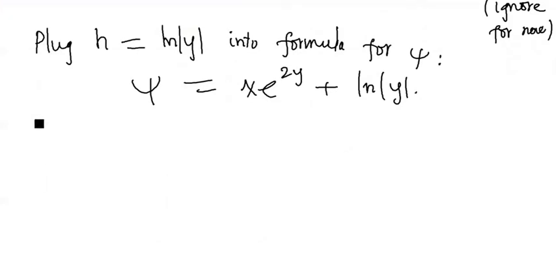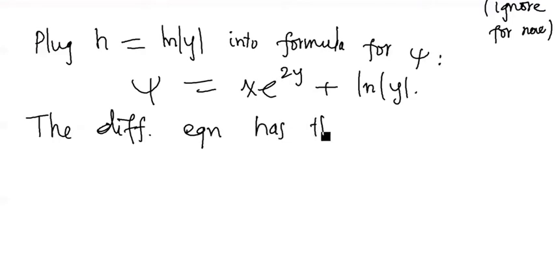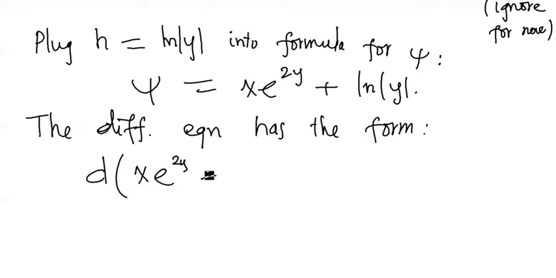So now the differential equation has the form: the total differential of psi, which is x e to the 2y plus natural log of the absolute value of y, equals 0.